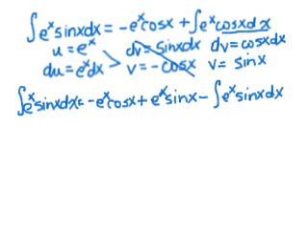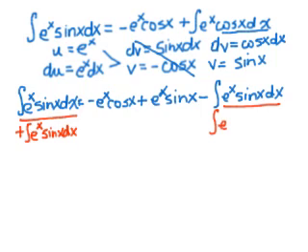Do I have something on the right side that matches this? I do. I have two of them. We are going to treat that integral like one large term, and we're going to add the whole thing to both sides. Like this. The whole thing, integral sign and all, gets added to both sides.